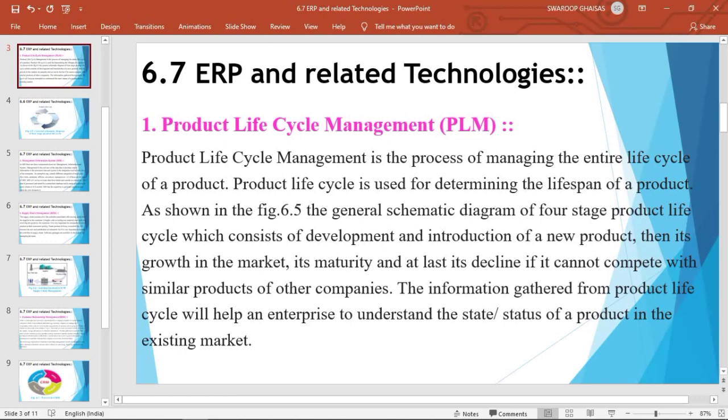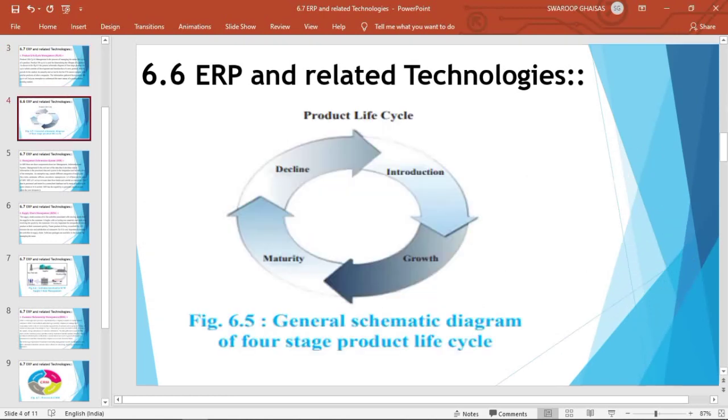We can also determine at which stage that product currently is. So for that purpose, let us see diagram 6.5, which represents the life cycle of the product. See here, first one is introduction. Introduction is nothing but a product is developed and introduced in the market.